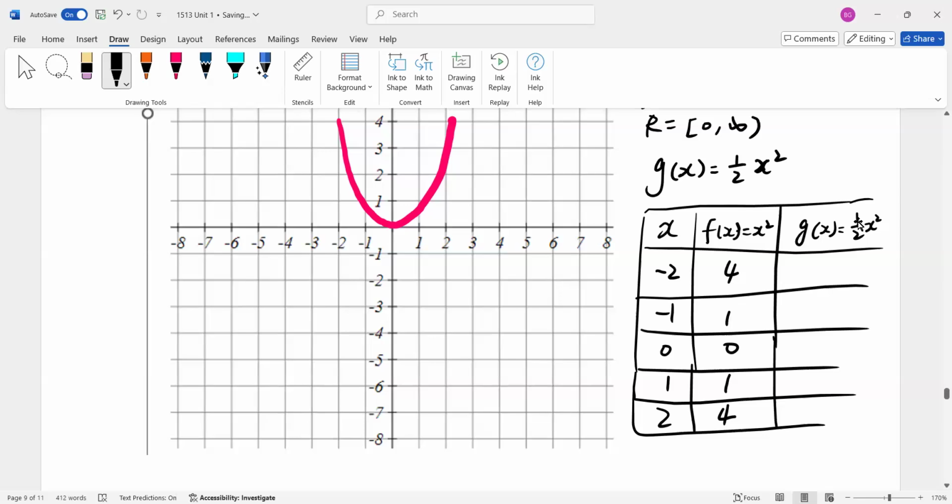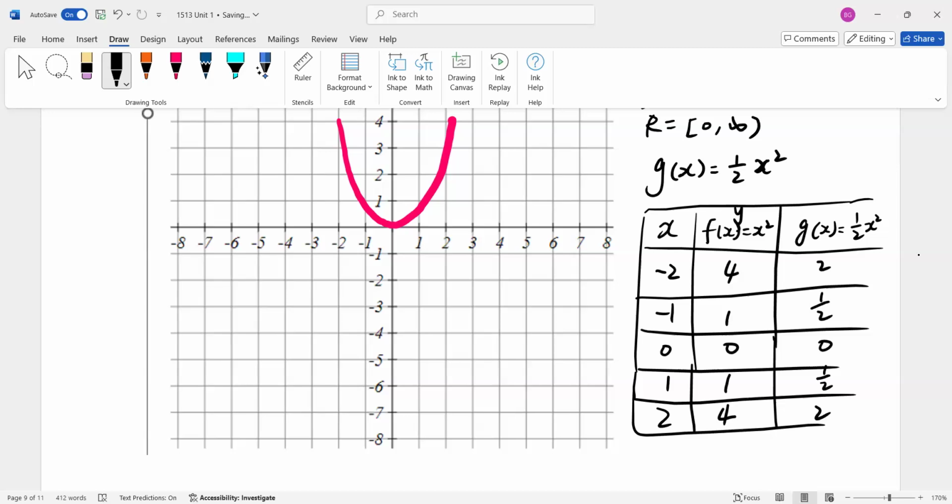The daughter function is just 1/2 of x squared, half of the y value. So all the y values become half of the original: half of 4 is 2, half of 1 is 1/2, half of 0 is 0, half of 1 is 1/2, half of 4 is 2.